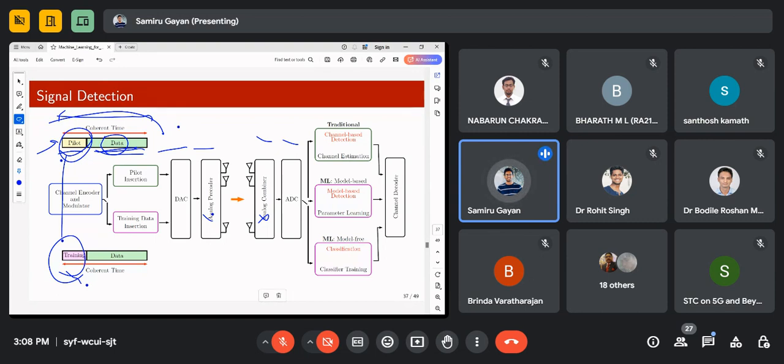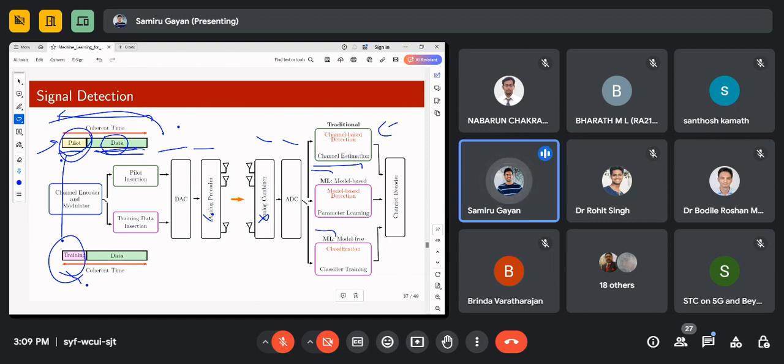When we do that, at the receiver, there are two ways that you can address the problem with machine learning. In the traditional way, you estimate the channel and use that estimated channel to coherently detect the symbol. When you use machine learning, there are two different ways: one is model based and the other is model free. In the model based one, if we know something about the channel, we can feed that to the model.